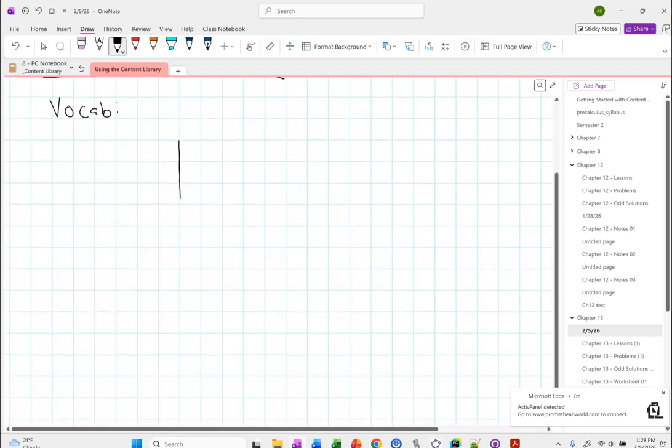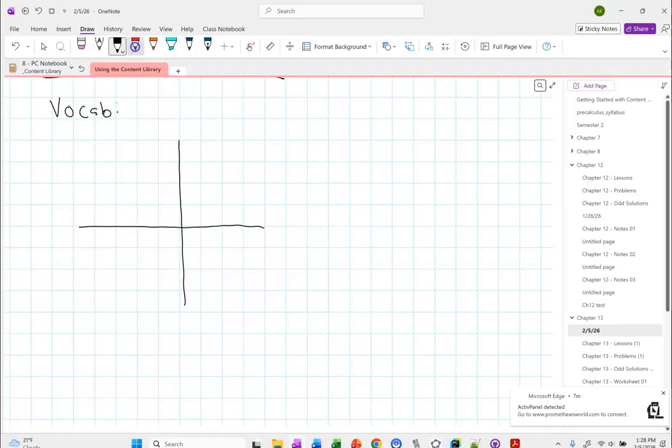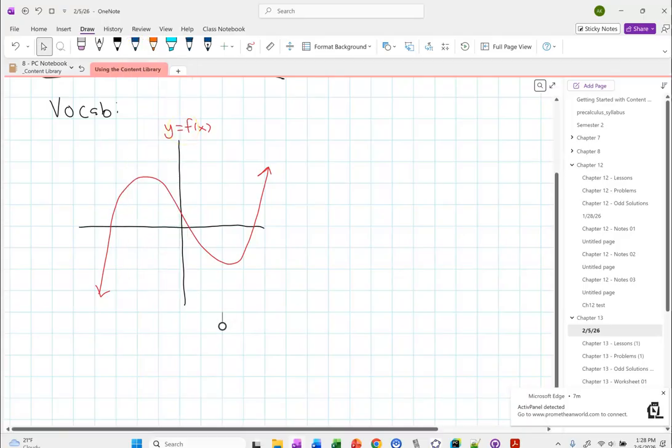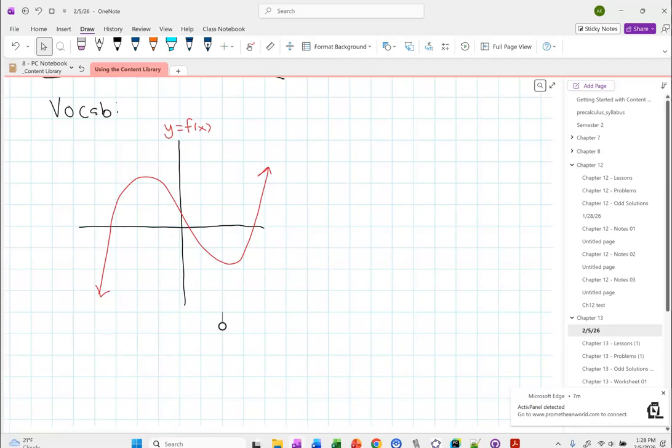So a little bit of vocab for us to start. Let's say we have some polynomial function. We'll call this function y equals f of x. So the first thing we're going to talk about are some key features on the graphs of polynomials.